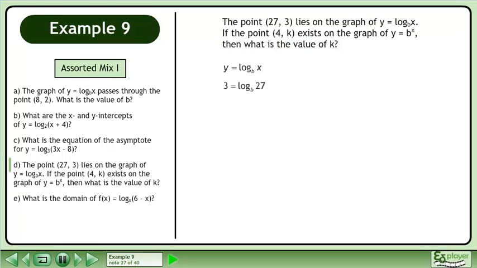Plug in 27 for x and 3 for y. Reorder the equation so we can use the 7 rule. Converting to exponential form, we get b cubed equals 27.